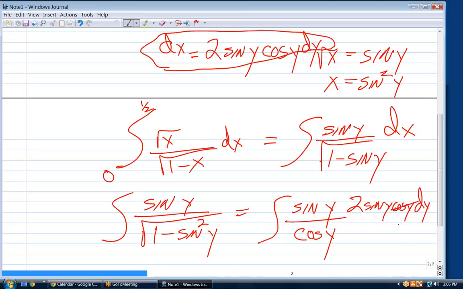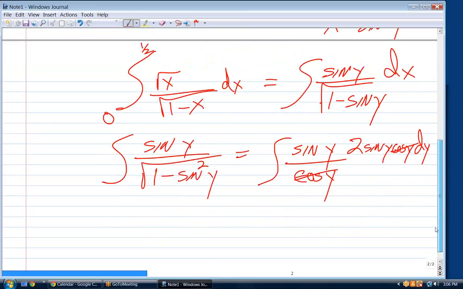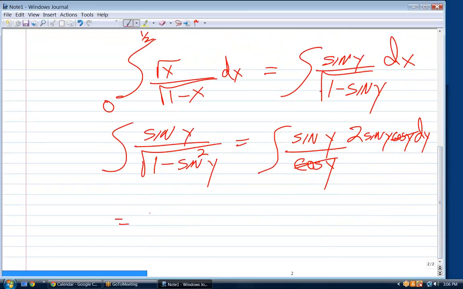And now that cosine y disappears with this cosine y, and we get an integral that we know how to do, which is the integral of 2 sine squared of y dy.